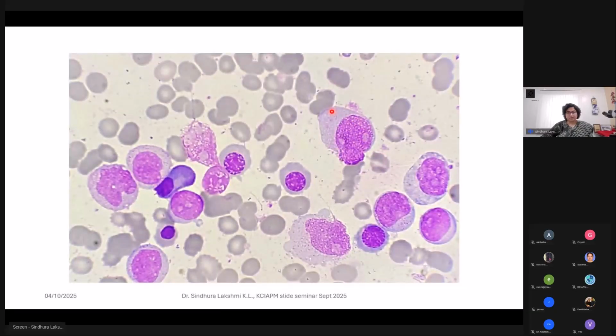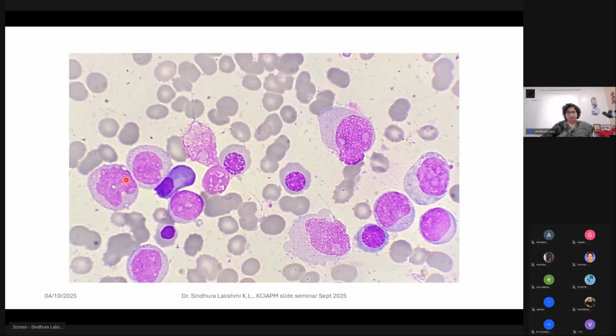This is a monoblast: large cell, abundant cytoplasm, very open chromatin, prominent nucleoli. This is also similar, also a monoblast, and this is also a monoblast. These two are also looking abnormal, but they don't look like this cell or this cell. You can see the deep invagination over here, an indentation of the nucleus, open chromatin, occasional inconspicuous nucleolus.